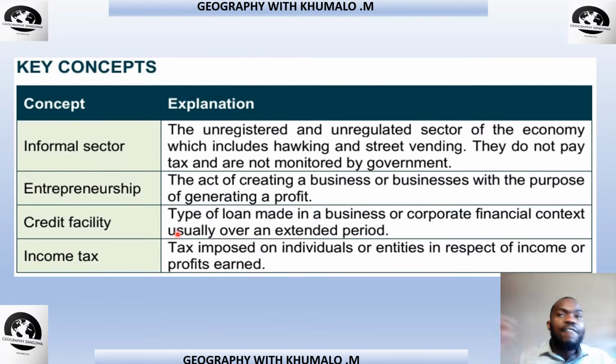So a credit facility is where you can go and borrow money. Then income tax, that is the tax imposed on individuals or entities. Entities, those are businesses, in respect of income or profit, and so the government will charge them a tax against the profits that they make a year.